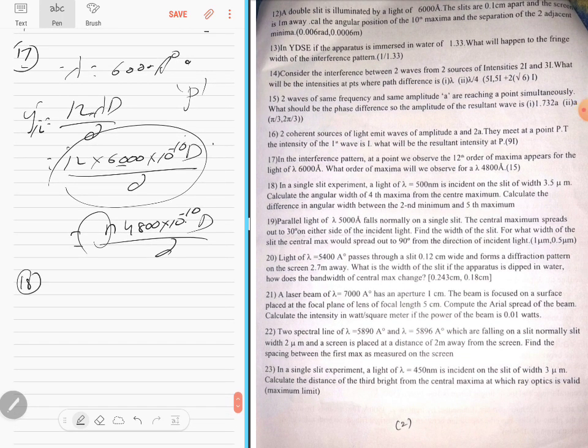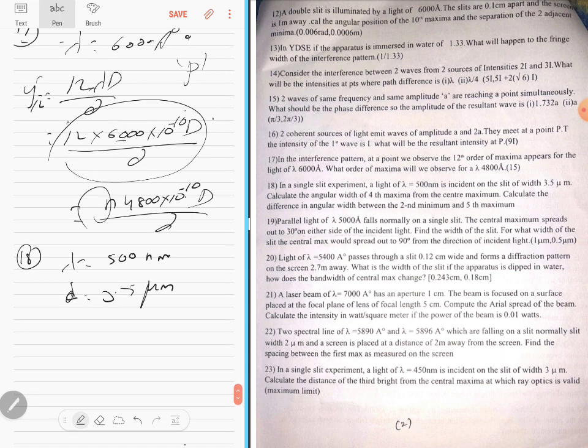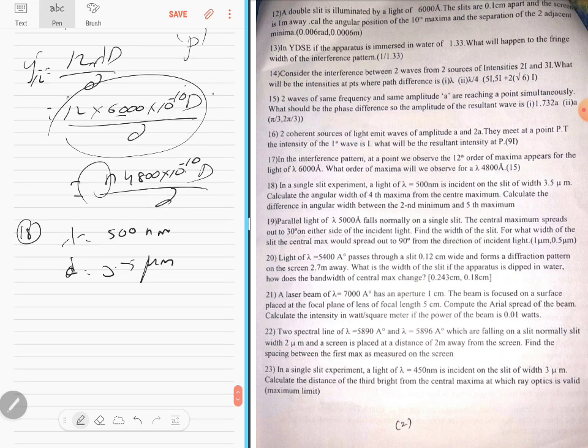The 18th question is in a single slit experiment, which means it's about diffraction. Lambda is equal to 500 nanometer, incident on a slit of width, sometimes in diffraction they call it A, but you can also call it D, no problem, 3.5 micrometer. Calculate the angular width of the fourth maxima from the central maxima.